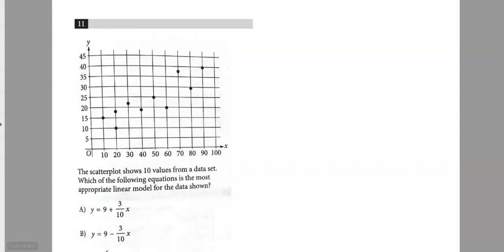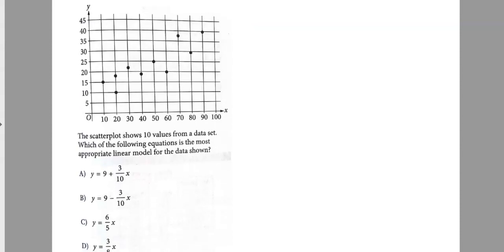So it looks like I have 1, 2, 3, 4, 5, 6. So there are 6 dots there that are clearly above the line. There's a couple on the line, so that would be exactly what was predicted. But we have 6 that were greater than what was predicted by the line. All right, next question, number 11.